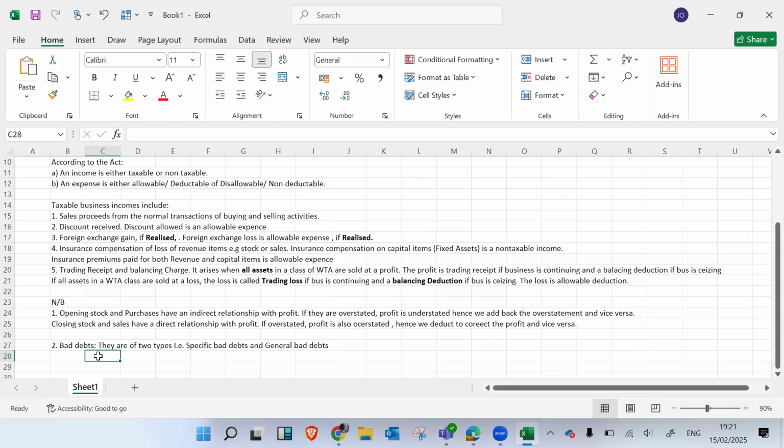And we know from our basics that bad debts are expenses if they increase, and incomes if they reduce.